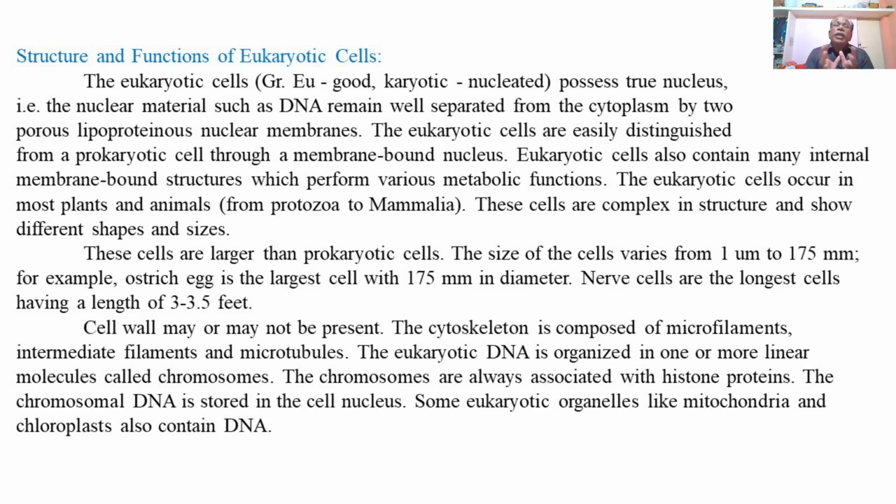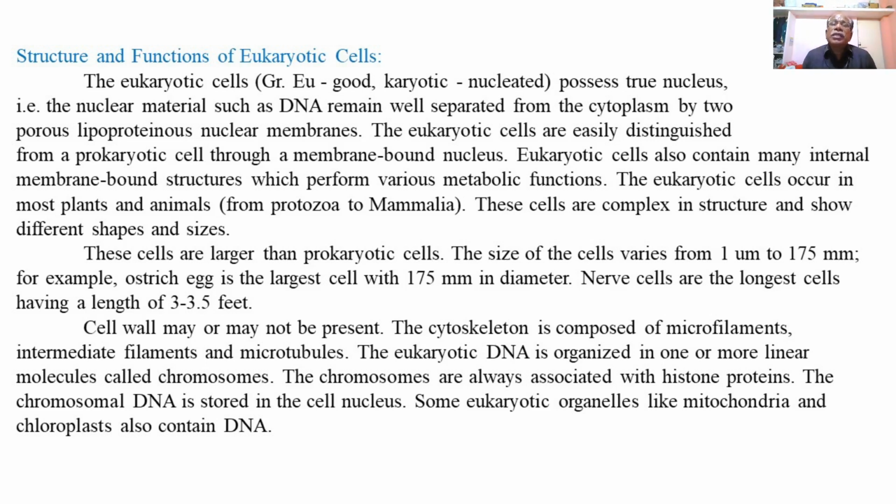And the nuclear membrane of the eukaryotic cells is composed of a double lipoprotein membrane consisting of pores or perforations, or nuclear pore complexes, through which the nuclear material or cytoplasmic materials can be passed or exchanged or transported from cytoplasm to nucleoplasm or nucleoplasm to the cytoplasm.